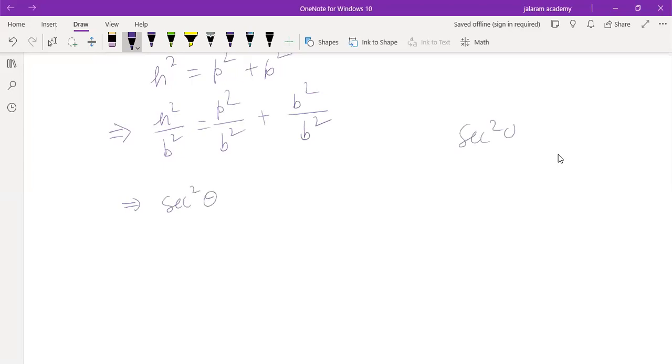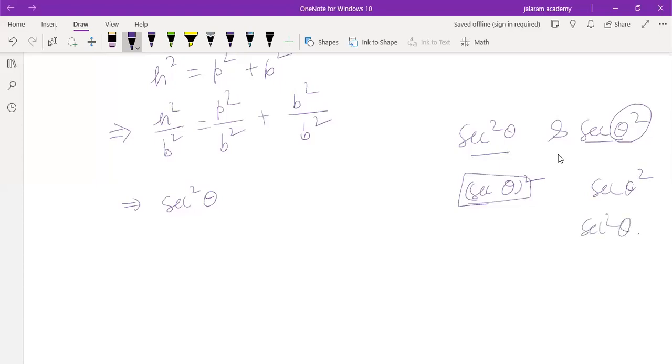Remember, sec square theta and sec theta square are different things. In sec square theta, only the square of the angle theta is made and its sec is to be obtained. But in the other, we have to first find the secant of the angle and then square it. It is the whole square. Whole square is not written as sec theta square. It is written as sec square theta.